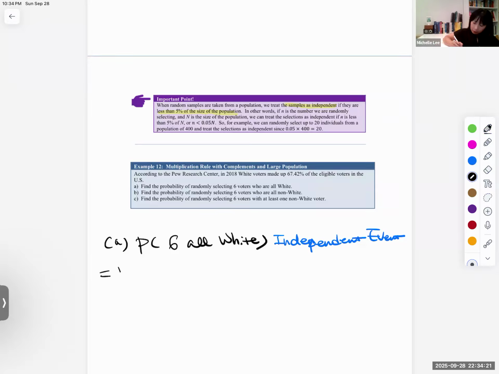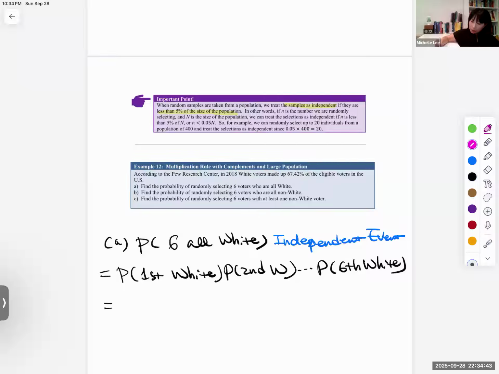So we're using the first white, and second white, and third, fourth, fifth, and sixth white, right?